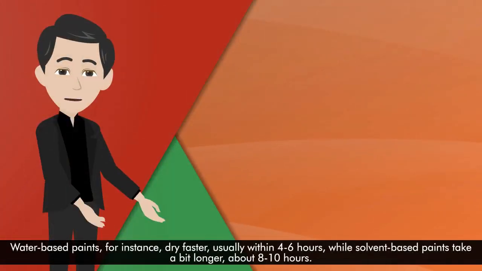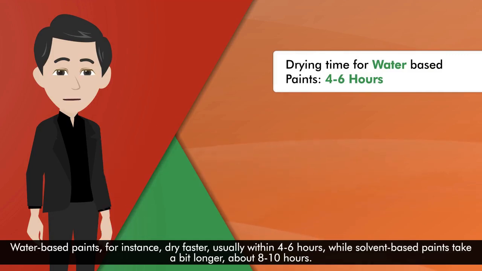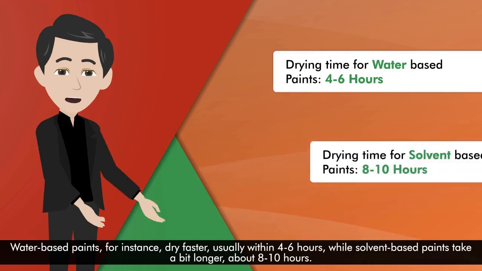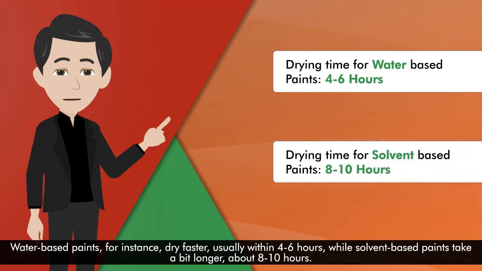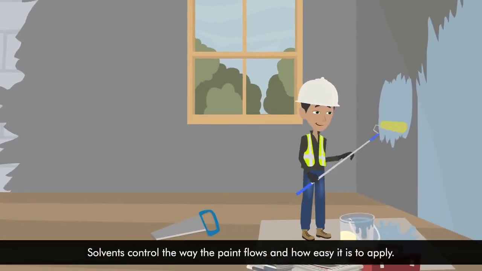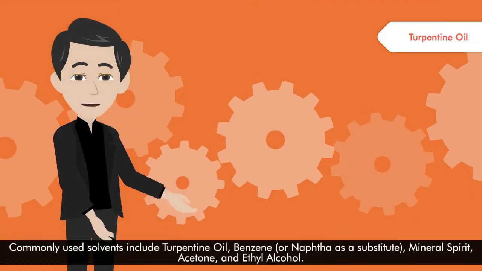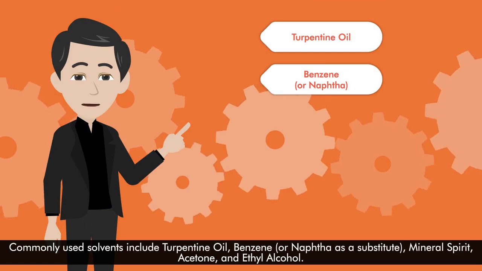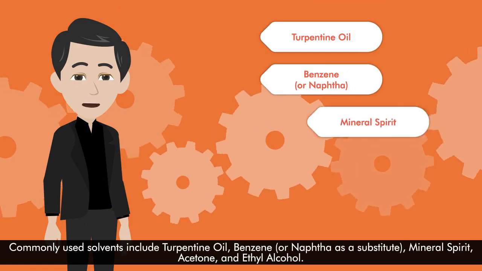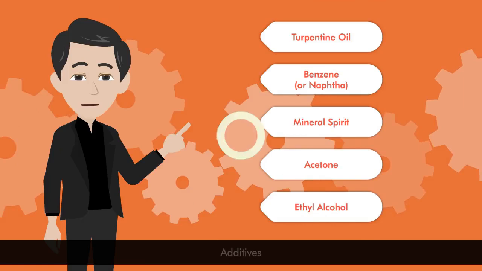Water-based paints, for instance, dry faster, usually within 4 to 6 hours, while solvent-based paints take a bit longer, about 8 to 10 hours. Solvent controls the way the paint flows and how easy it is to apply. Commonly used solvents include turpentine oil, benzene or naphtha as a substitute, mineral spirit, acetone, and ethyl alcohol.